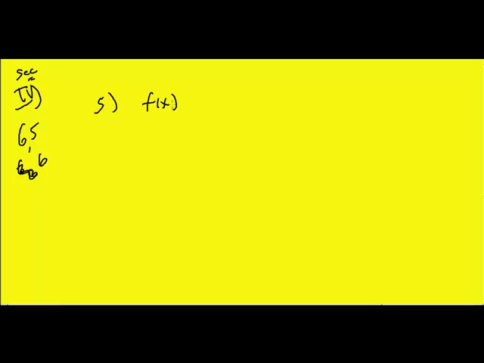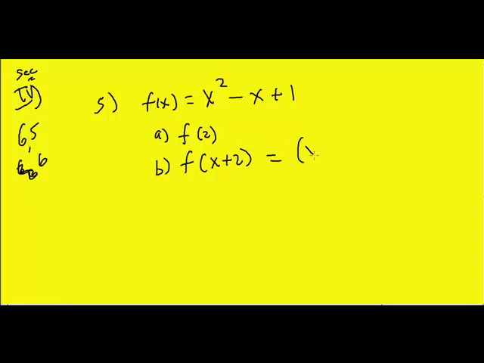F of x is equal to x squared. I'm not even going to insult your intelligence by doing that. Fine, I will insult your intelligence by doing this. This just means x plus 2 squared minus x plus 2 plus 1.